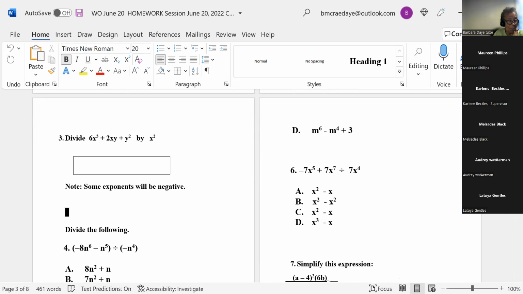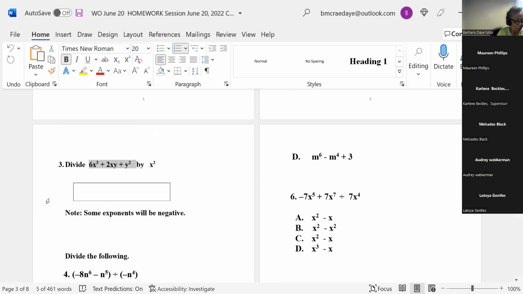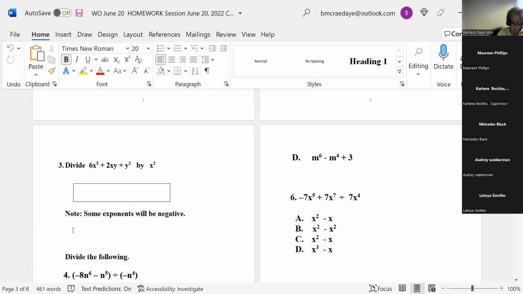Do the same, divide each of the terms by the monomial. So we take the 6. Let me just write it here. And we're going to divide each one of these by x to the 2nd. So let me just put that here. X to the 2nd.